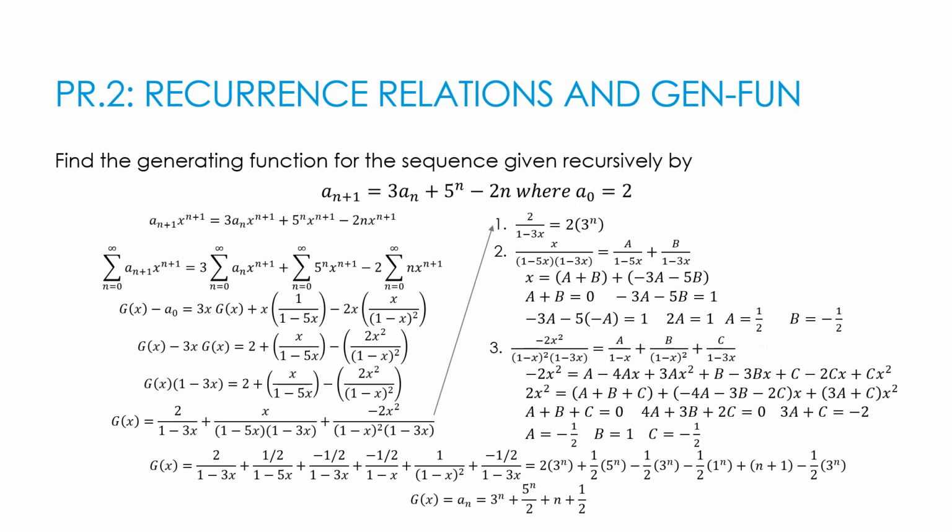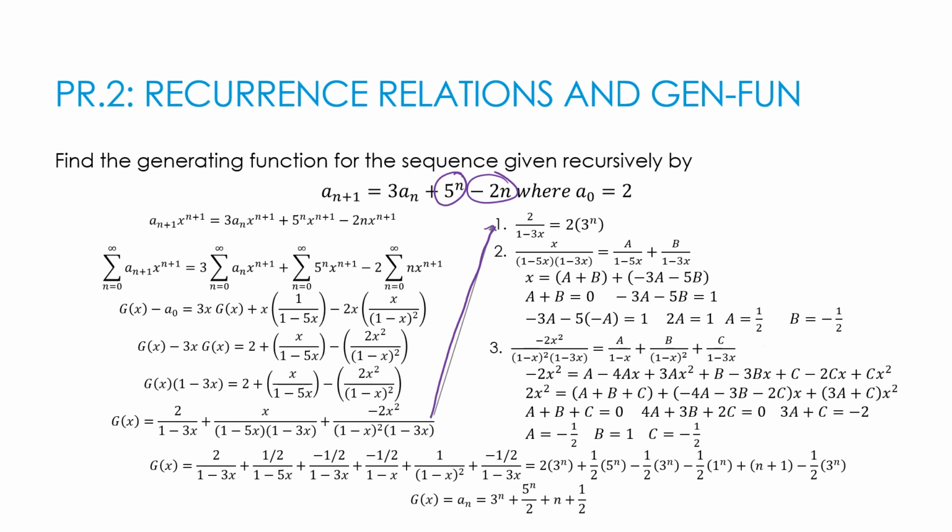The other ones, 5 to the n and minus 2n, I just had to look at what those generating functions would turn into, again from section 9.2. And once I got down to here, that's when I started using partial fractions to solve for A, B, etc. So if you'll notice, I actually had to do it a couple of different times.